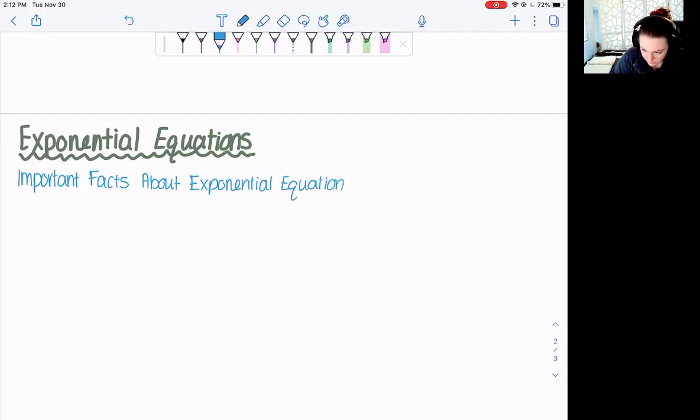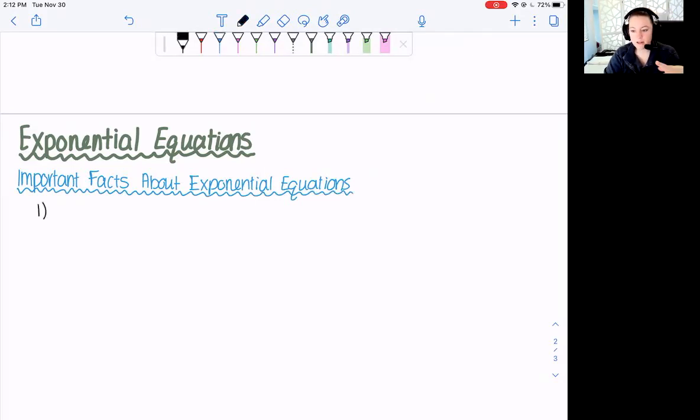Just writing this down. So some fun, important facts about exponential equations. Here's the big one, right? A logarithmic equation is a logarithmic equation because it has logarithms in it. And because it has logarithms in it, we had domain restrictions because logarithms have domain restrictions.